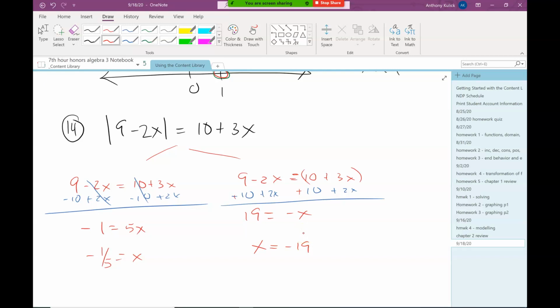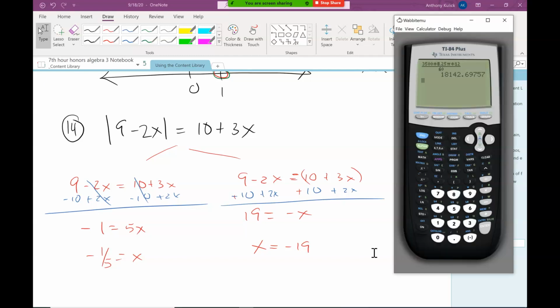Let's check this. Rather than doing this check by hand, let's do it on the calculator, right? We mentioned that we could do that the other day, just for a change of pace. So I'll fire up my old calculator, and I'm just going to plug each side into a separate line on my calculator and evaluate and see if I get the same number. Okay.